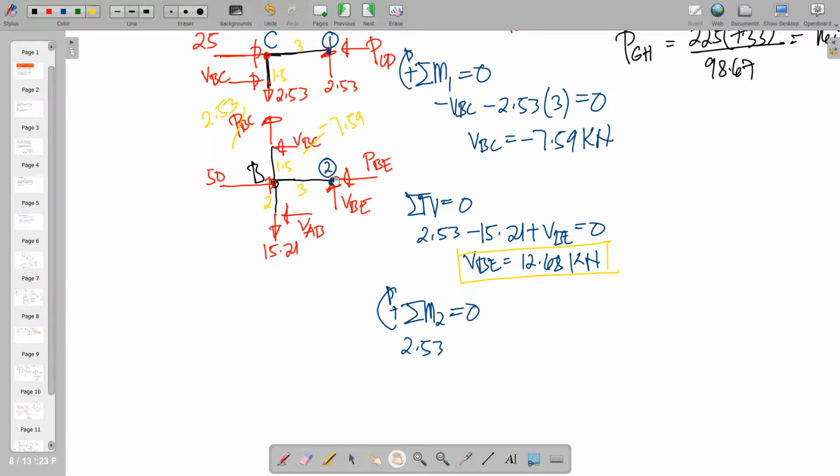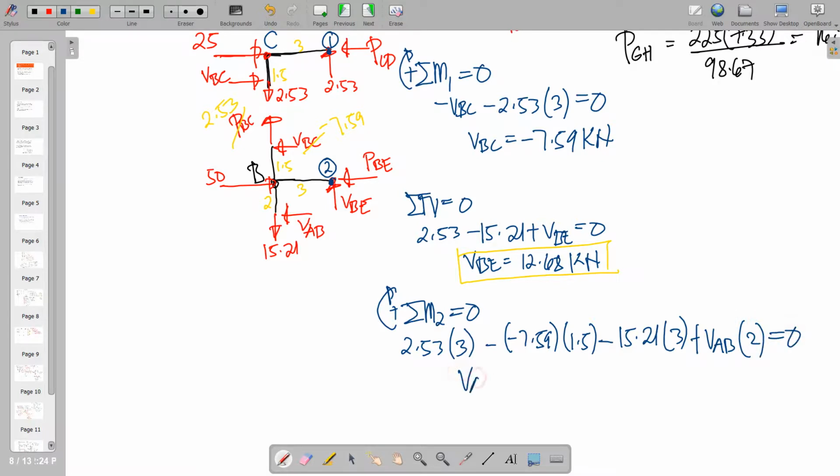We have clockwise 2.53 times 3 minus this one, but we carry the sign, times its moment arm of 1.5, and then minus this one 15.21 times 3 plus VAB times 2 is equal to 0.